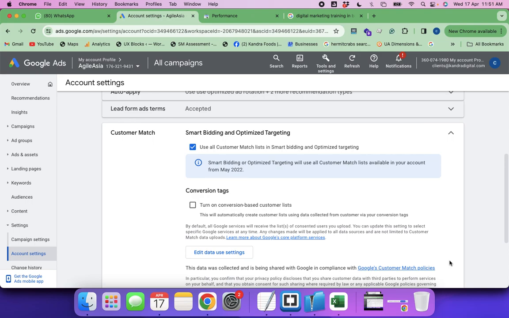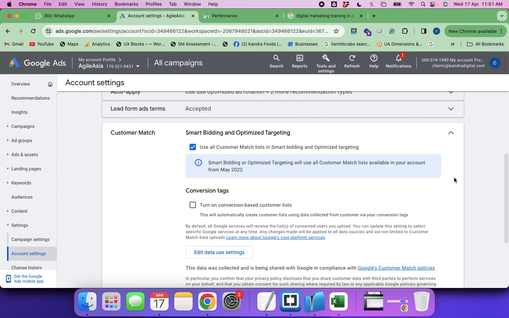This is another setting through which we are telling Google: based on the customer list we have uploaded, create similar audiences. So basically you are turning on the setting. There are two options, smart bidding and optimized targeting. By default, they always pull in the customer list I have uploaded in the ads part. That is what we are turning on here.